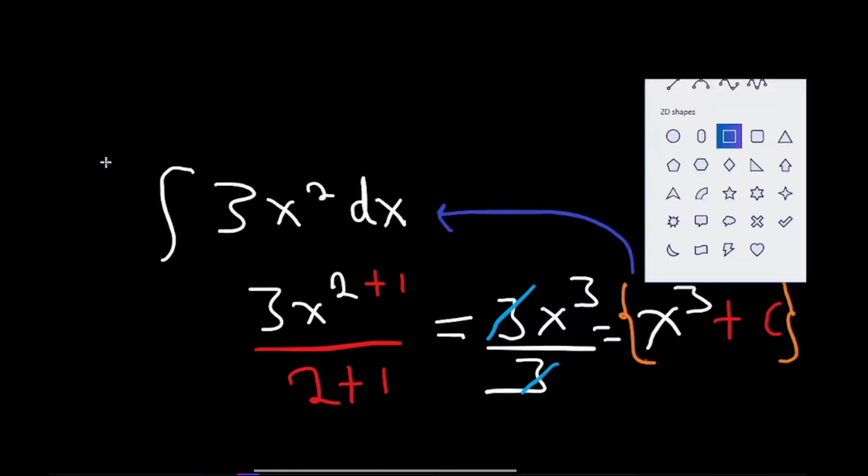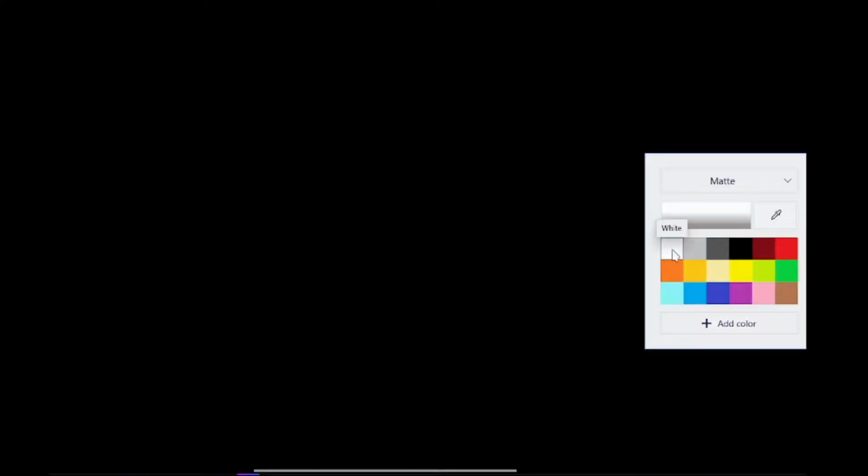Let's go ahead and try out another question, just to get really good at it. Let's say we have been told to find the antiderivative of 3x minus 4 dx.